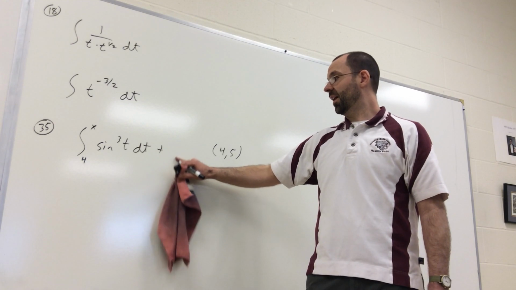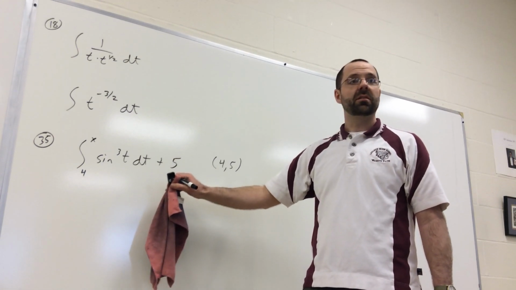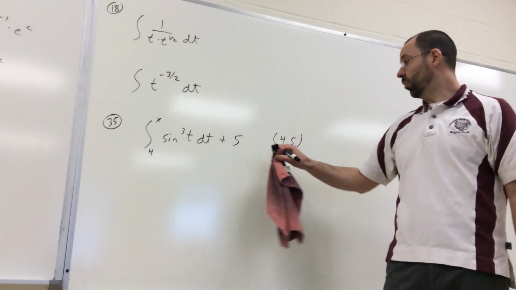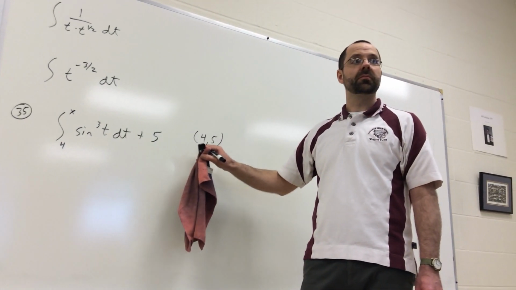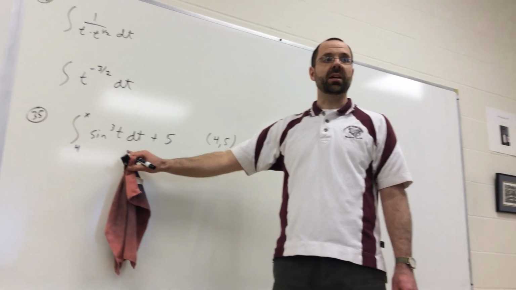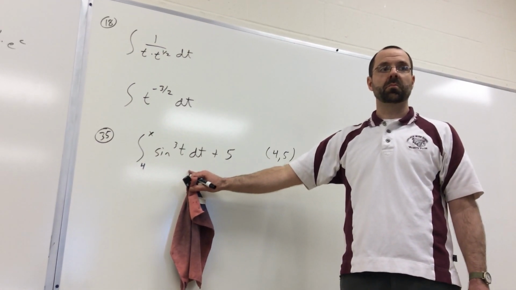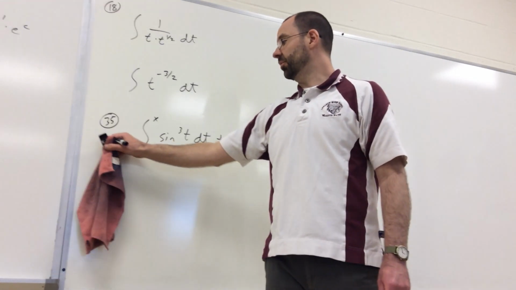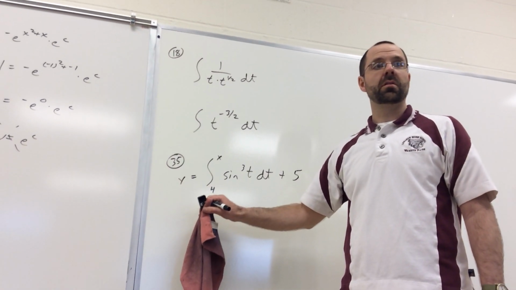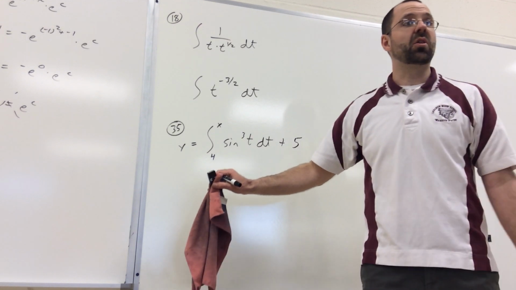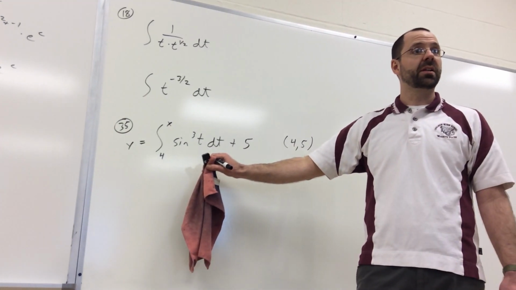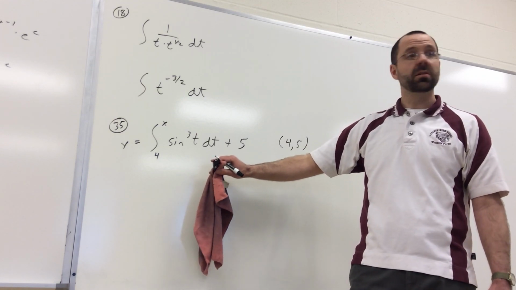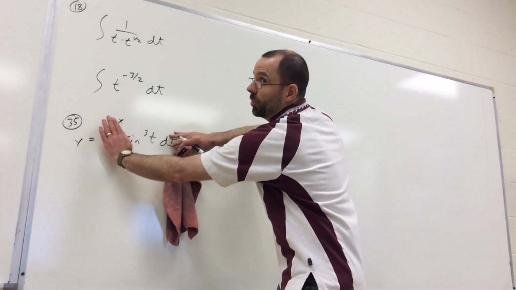So if we put a 5 here, then when we plug a 4 in there, it'll come out to 5 like we want. So c will be 5. So here's our y equals. It meets both conditions. First of all, when you plug 4 in, you do get 5. And second of all, if you take the derivative of it, it's sine cubed of x.